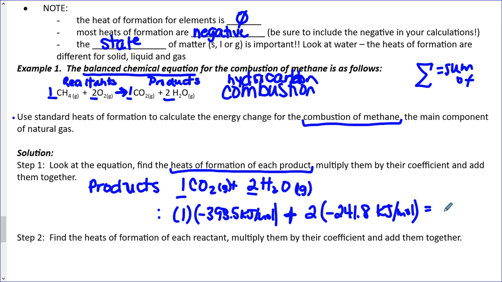The heat of our products here is negative 877.1 kilojoules. Actually, let's just leave it as kilojoules, since kilojoules per mole doesn't actually make sense in that case.